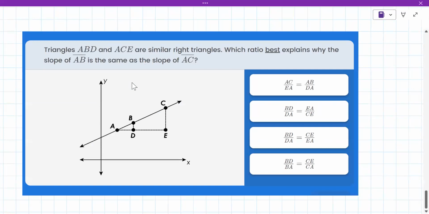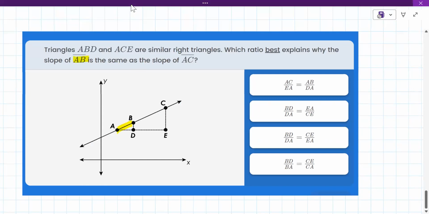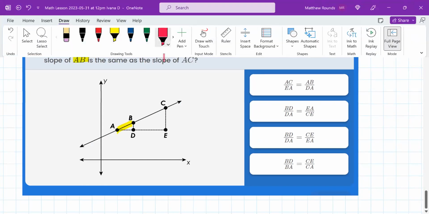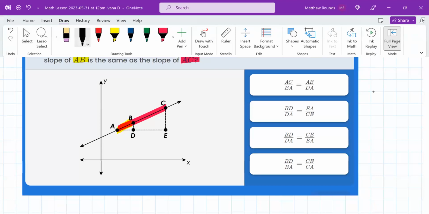This is from geometry. If you read this, it says the slope from A to B is the same as the slope from A to C. So look this over and just decide what you think is the best answer at this point.